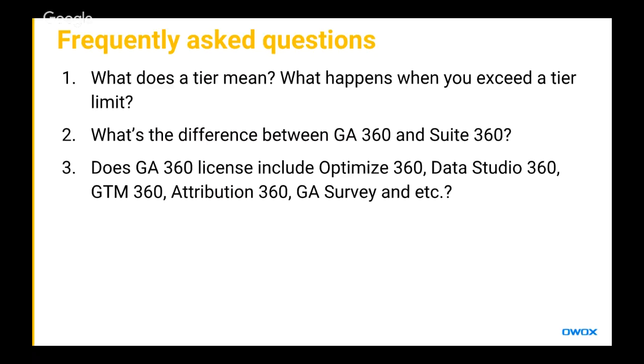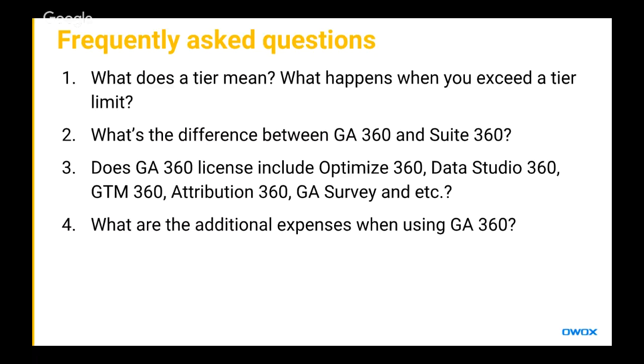The licenses for those products should be acquired separately. And in case you have a GA360 license, you are able to connect other Google products like Optimize, Data Studio, Attribution, and other Google products to GA360.